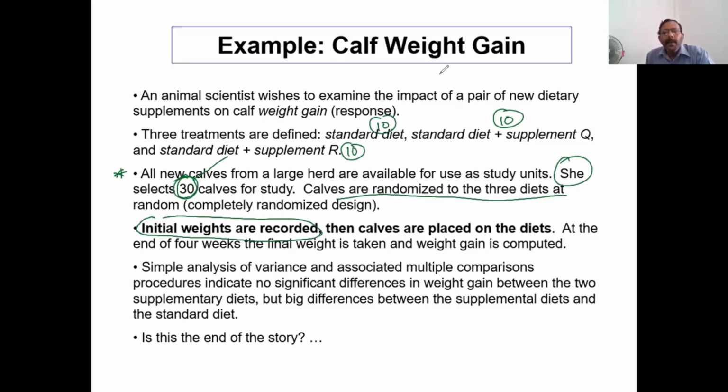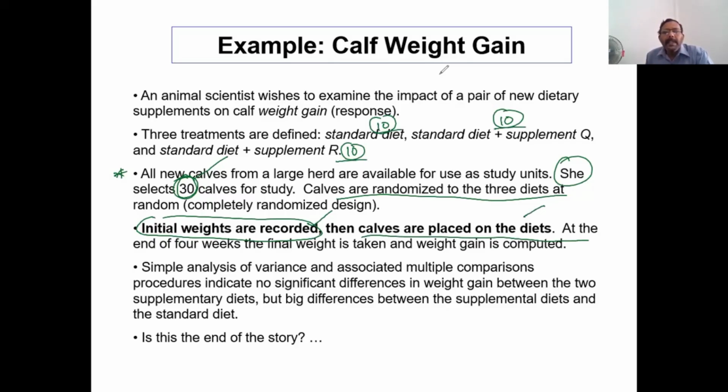So for our information, I have recorded the initial weight of all these 30 calves. Then calves are put into the diets. As you all said, 10 calves for each diet have been placed.